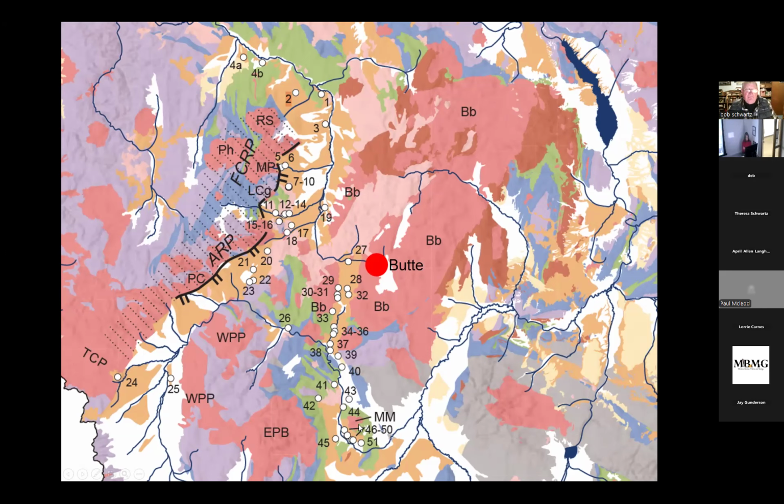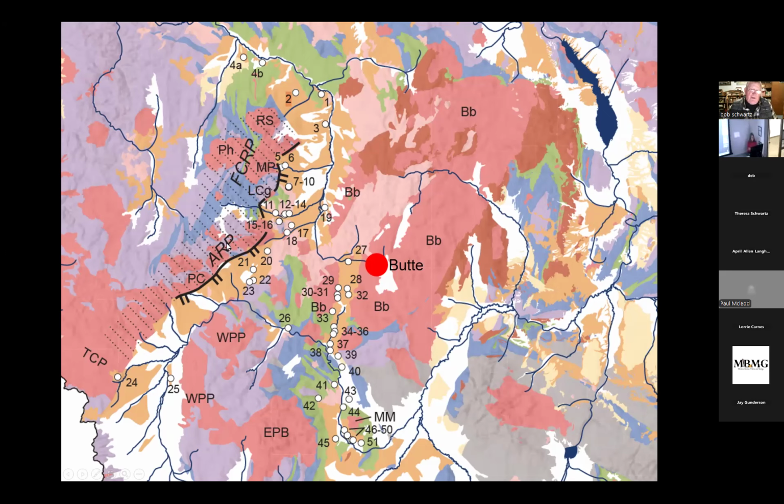Here's Mount McCartney. A couple of things to pull out of this map in particular are not just the number of data sites, but the presence of the Anaconda Flint Creek Detachment Fault running up through here. We refer to this as the Anaconda Detachment Zone.